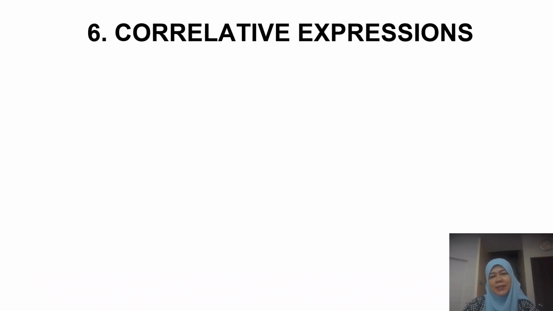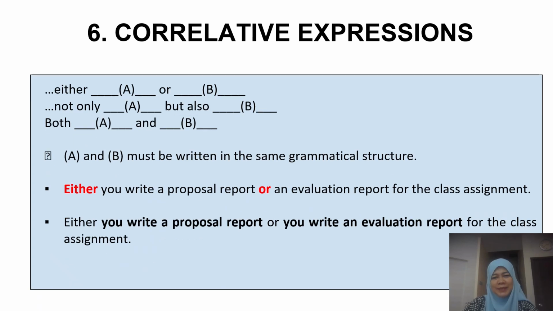Pattern number 6 is correlative expression. This part is where many students got it wrong. I hope you pay extra attention to this one, yeah? Okay, so here correlative expression is like either or, not only but also, both and. Okay, this is like an expression that comes together.